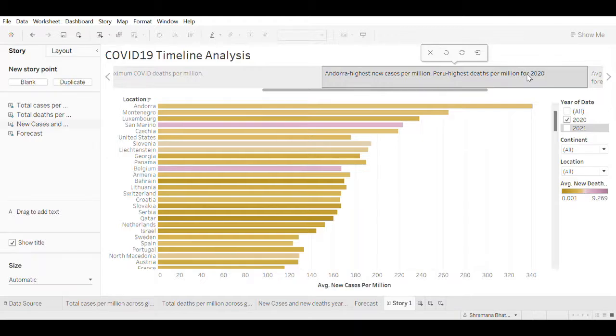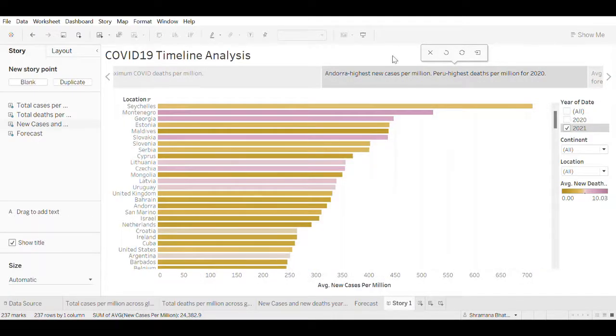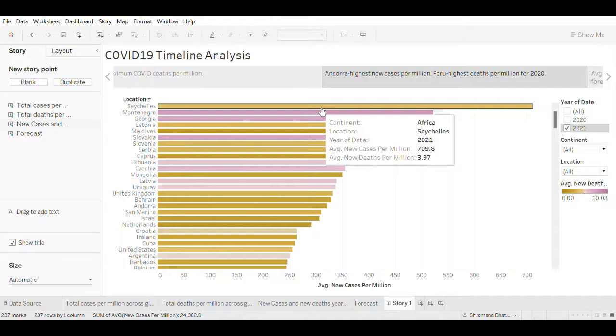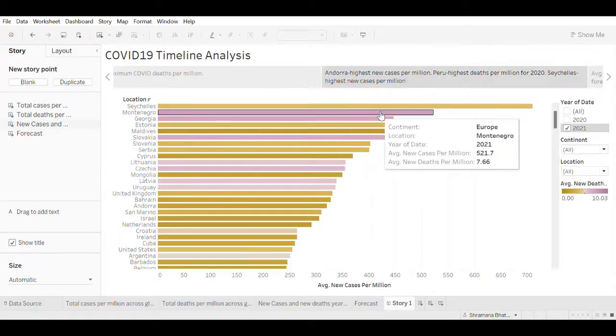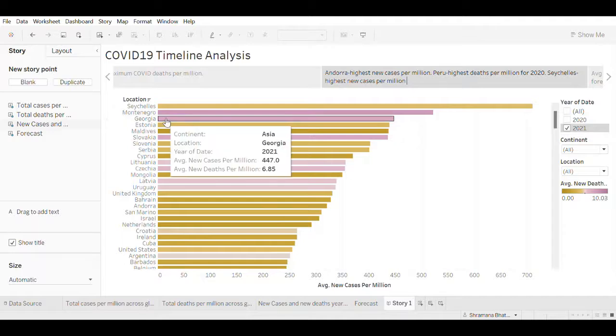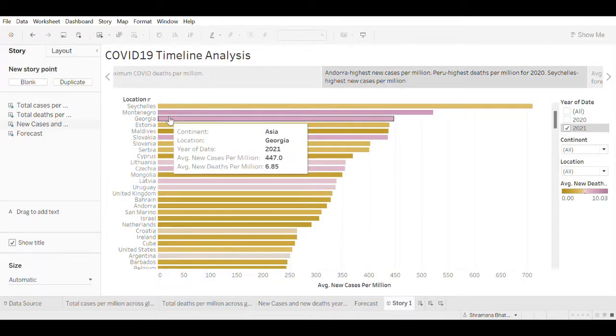What is the scenario for 2021? It has slightly changed. It has become Seychelles, with the highest new cases per million. And if I want to check the highest, see, Georgia is again here, in third position for highest new cases in 2021, also reporting very high new deaths per million.